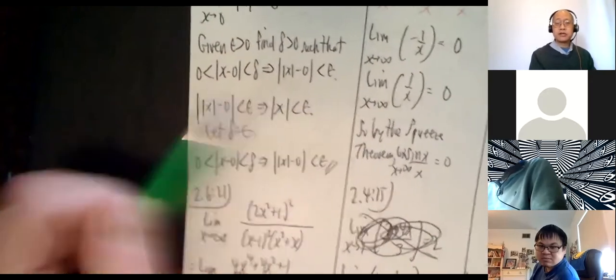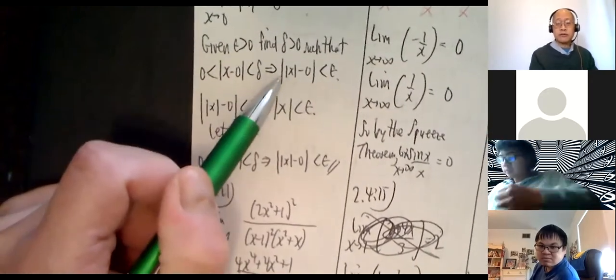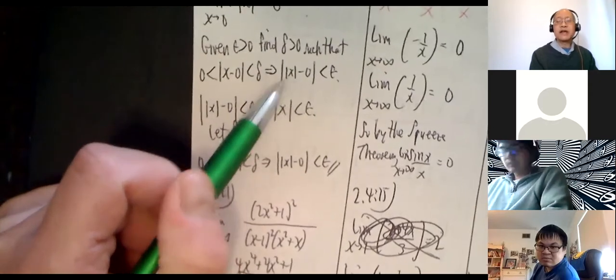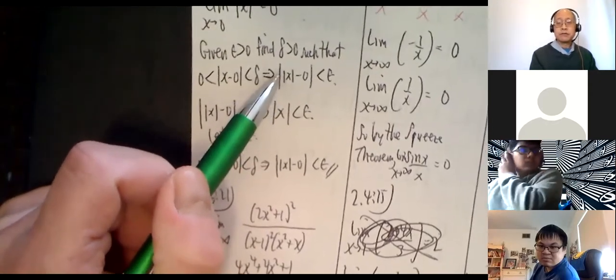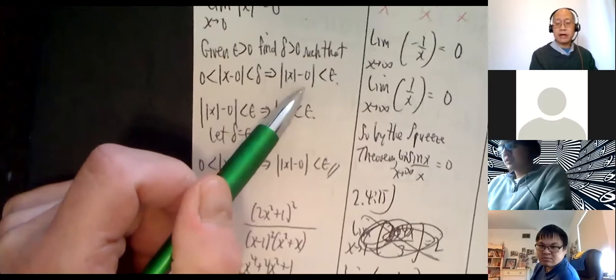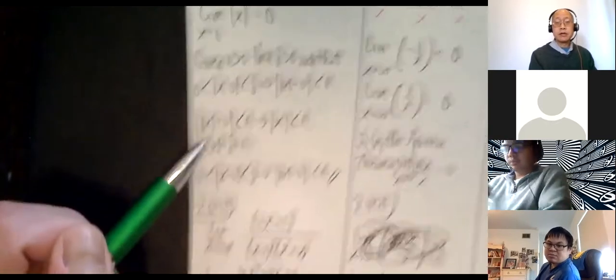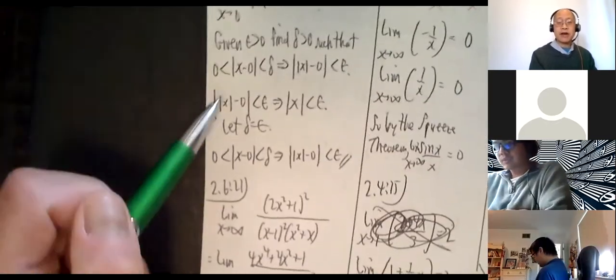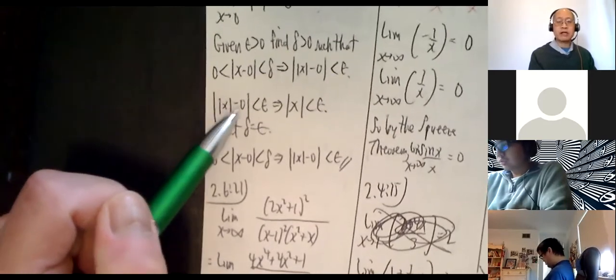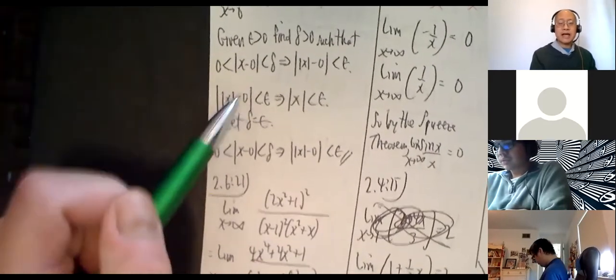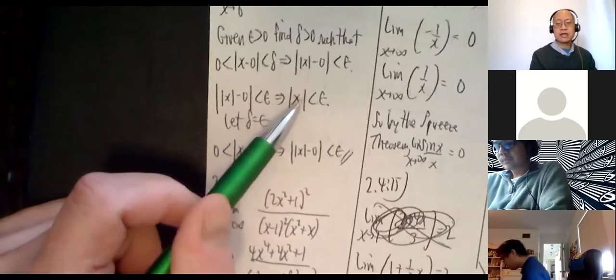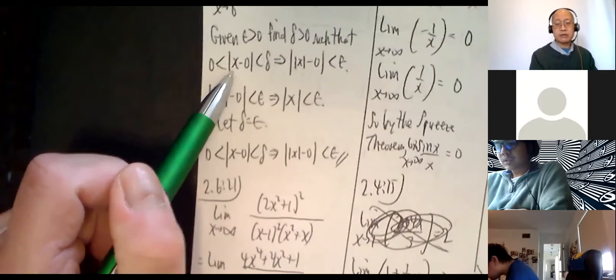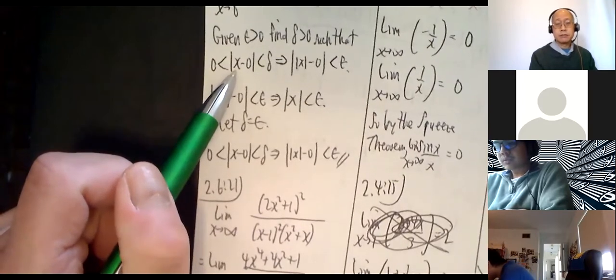So here's the key. We already know from last time, if you have an absolute value inside an absolute value, you can just drop this bar there, right? So basically you have absolute value of x minus zero is less than epsilon. That says the same thing as absolute value of x is less than epsilon, which is the same thing as what you have here.